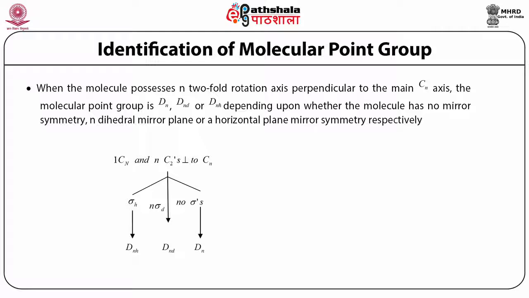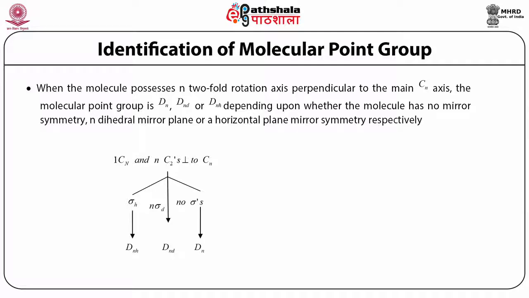If it has n dihedral mirror planes, that is n planes which contain the principal axis but lie along the bisector formed by three atoms in the molecule, then the group is Dnd. Or if the molecule possesses a horizontal mirror plane symmetry, then the group is Dnh.